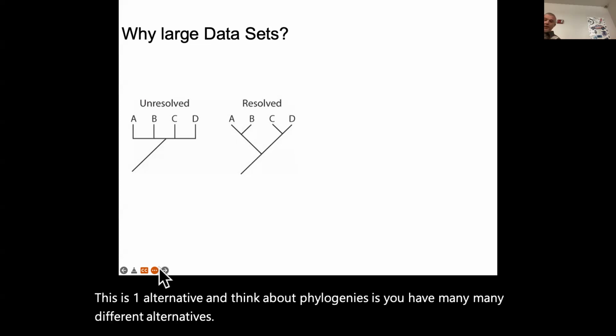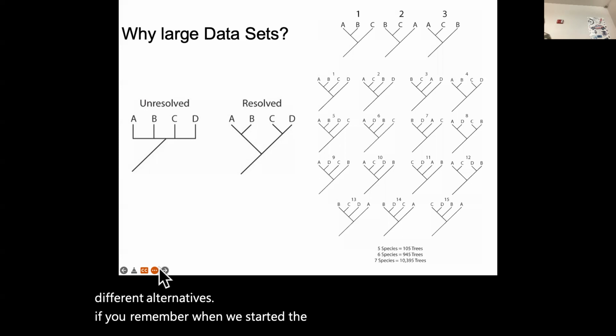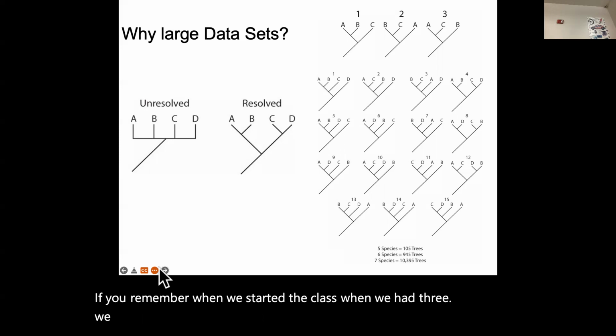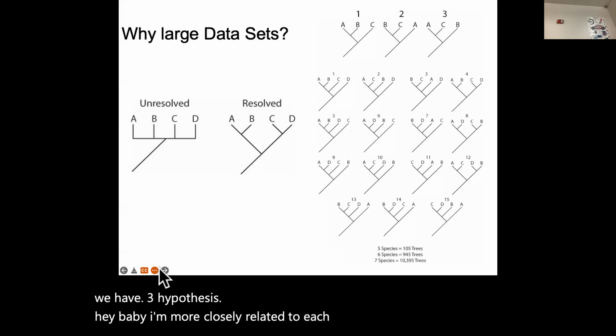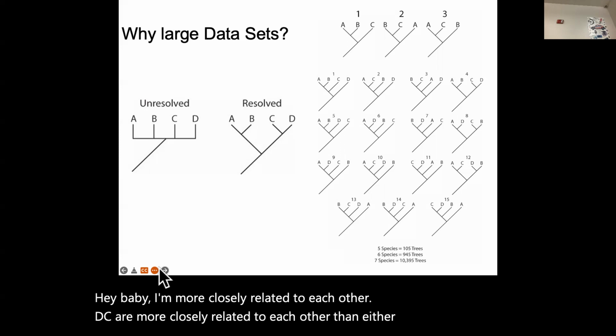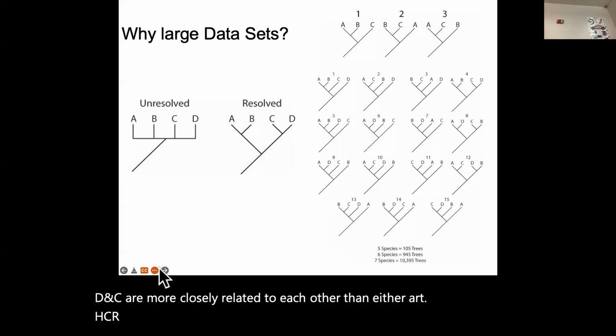When we started the class, with three species, we had three hypotheses. A and B are more closely related to each other than either are to C. B and C are more closely related to each other than either are to A. A and C are more closely related to each other than either are to B. Three hypotheses. But it is a factorial relationship.